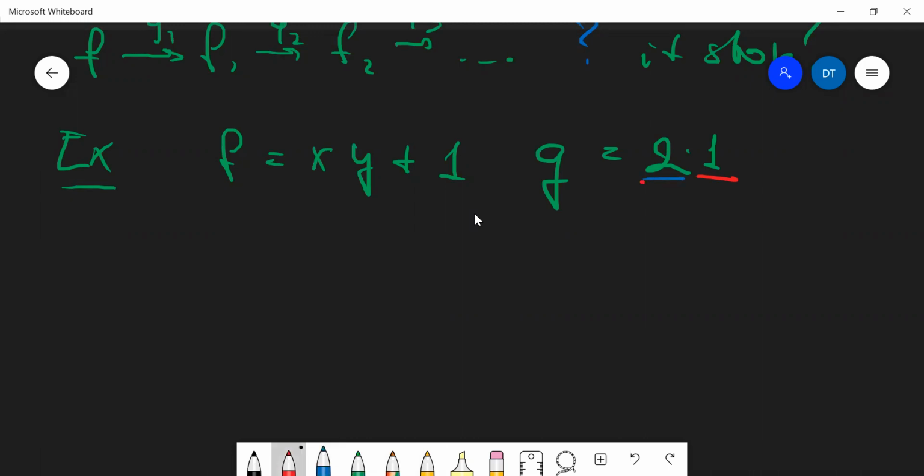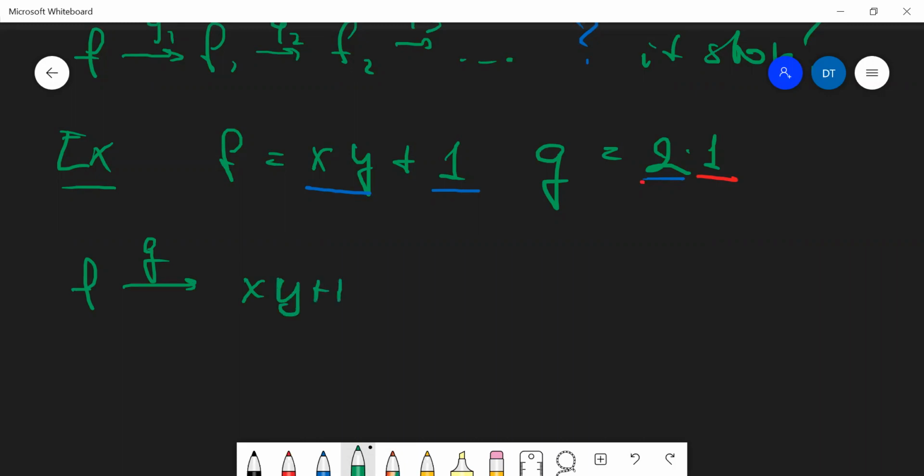Both terms of f are divisible by the leading monomial, so I need two reductions to reduce f to 0 by g.